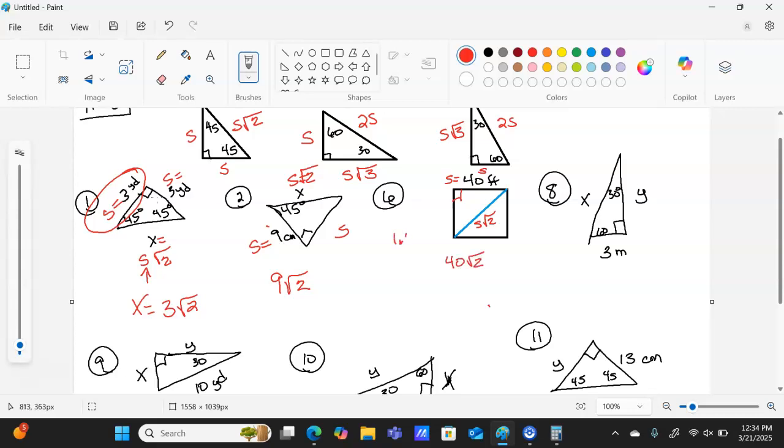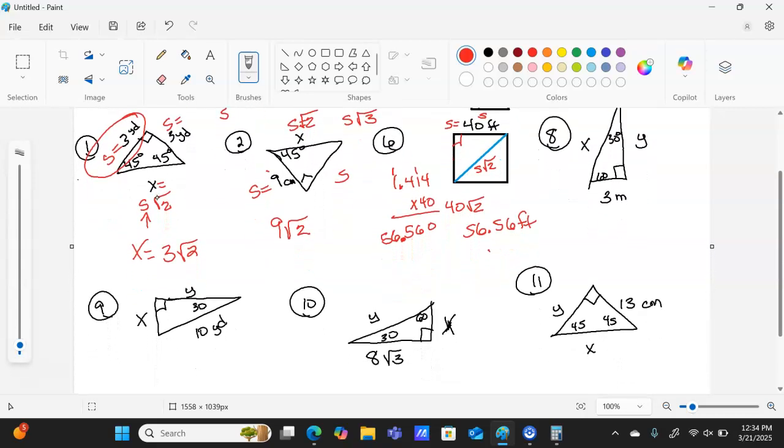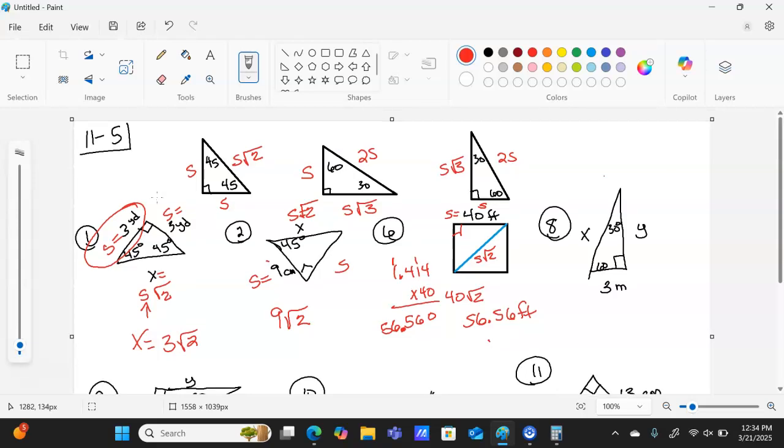And you can look in your table, and the square root of 2 is 1.414 approximately. We need 3 decimal places. He is going to need 56.56 feet of tape.